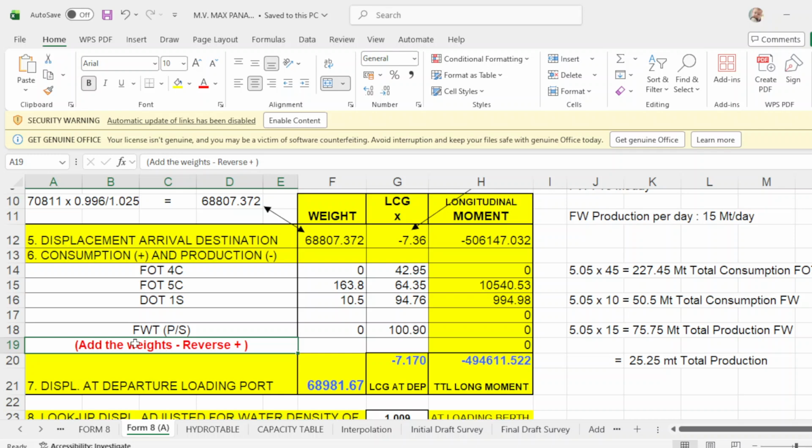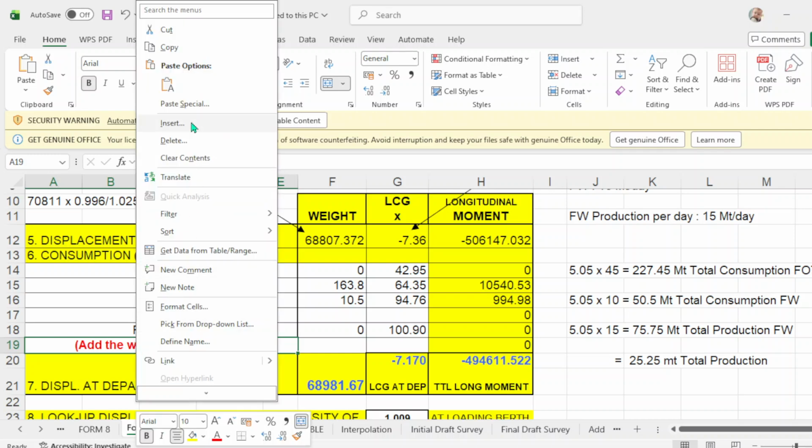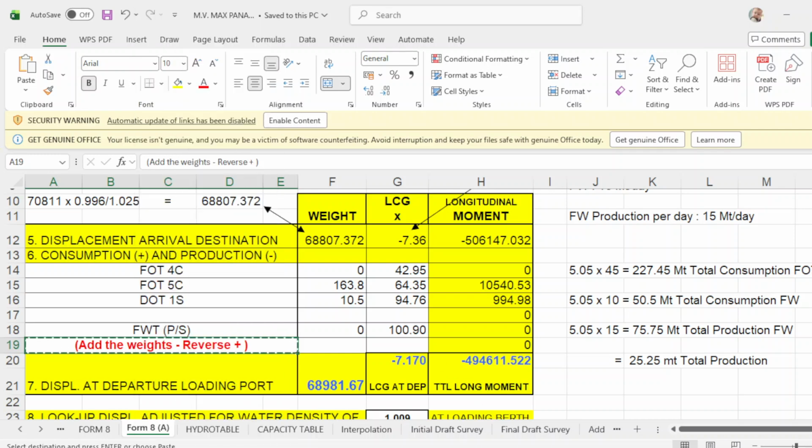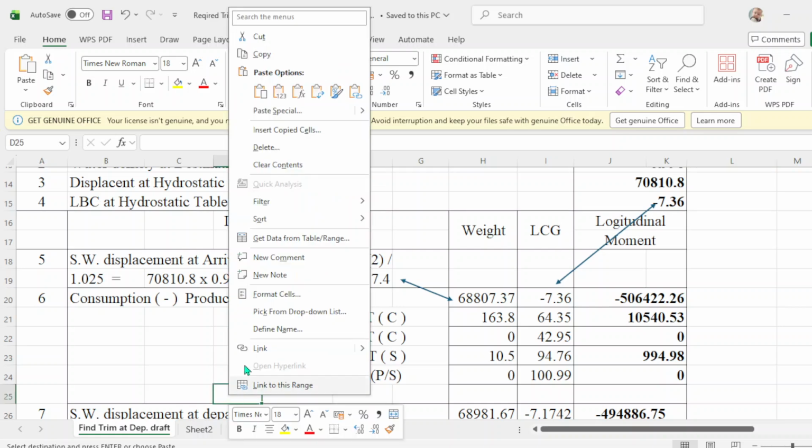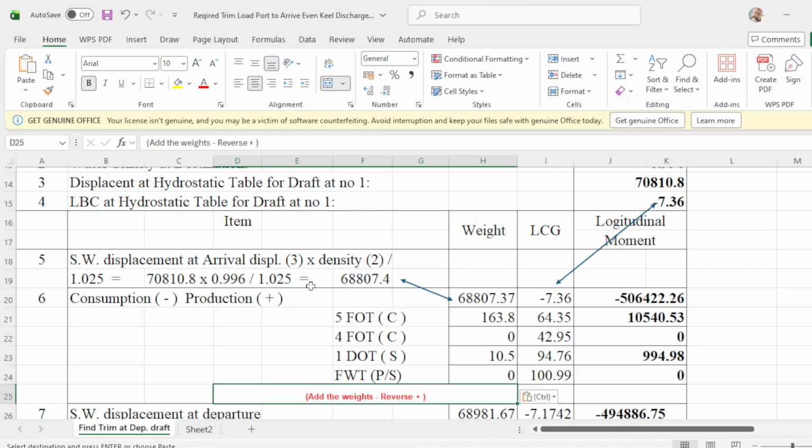Copy this one, put it here, paste. I'm sorry, undo.